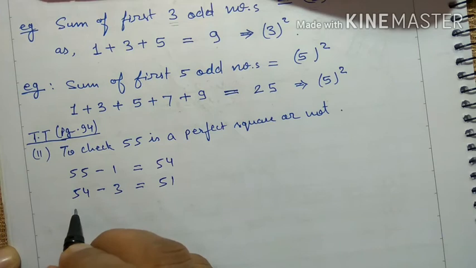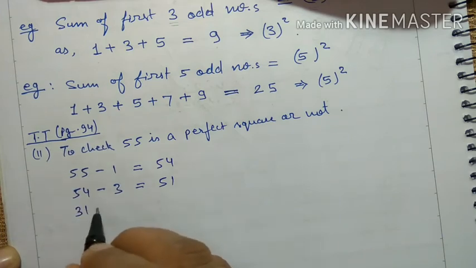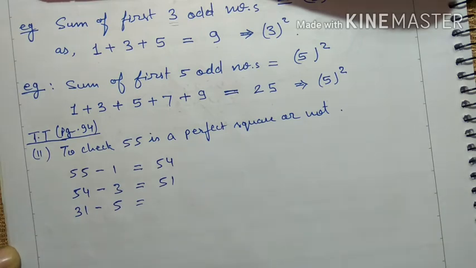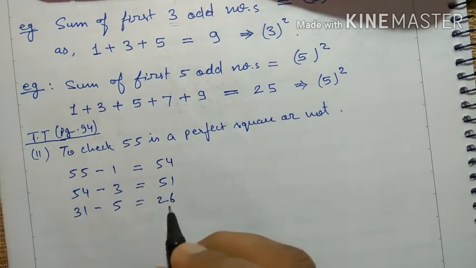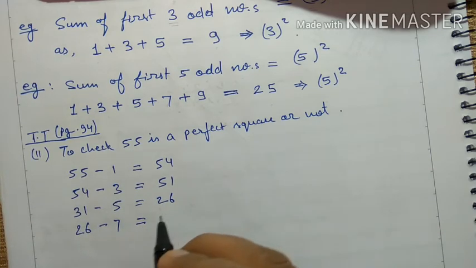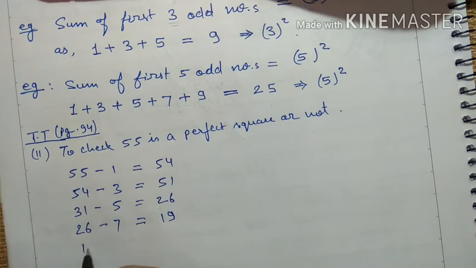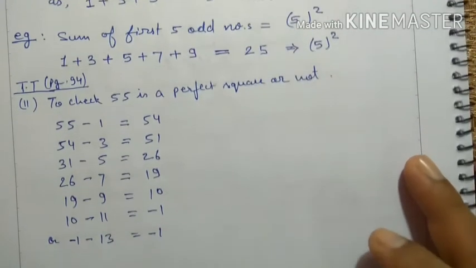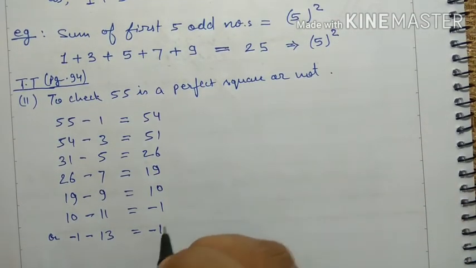In the third step, 51 minus 5 is 46. Then 46 minus 7 is 39. Then 39 minus 9 is 30. Then 30 minus 11 is 19, and so on.